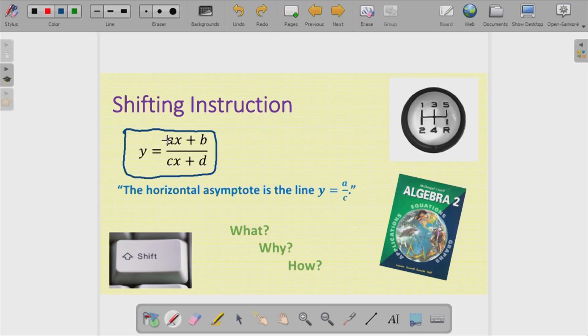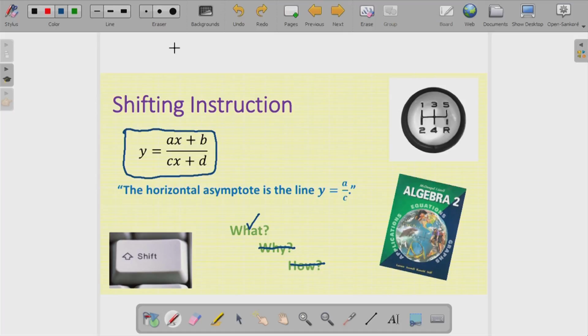They hit readers with this linear divided by linear, and then it follows with the statement, the horizontal asymptote is the line y equals a divided by c. And they offer absolutely no explanation for that statement whatsoever. There's no activity for students to explore or discover or investigate or unpack.